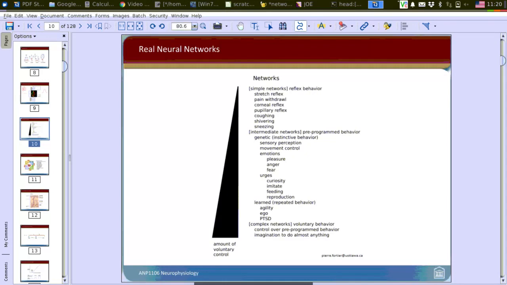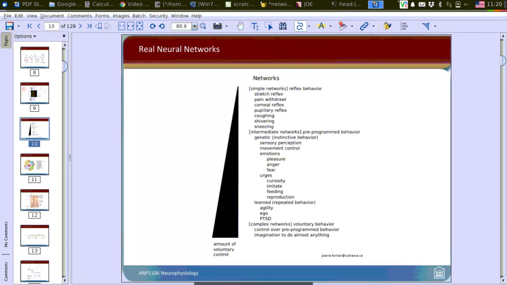And so we can classify them into three categories. So we can classify them into simple networks. So the networks of the nervous system can be simple networks. Those would be for reflex behavior. An example would be the withdrawal reflex.